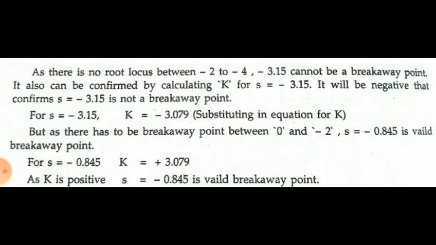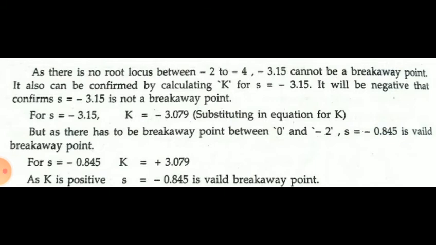It can also be confirmed by calculating k for s equal to minus 3.15. It will be negative, which confirms that s equal to minus 3.15 is not a breakaway point. For s equal to minus 3.15, k will be minus 3.079, substituting in the equation for k. That value is negative, so this will not be a breakaway point.